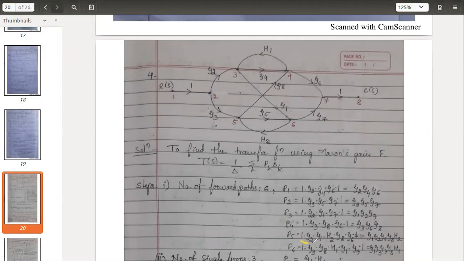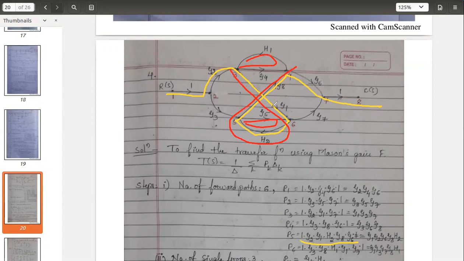For P5, let me first show you this. It is 1, G2, G1, H2, G8, G6, 1. Okay, this is the forward path. If you see the number of single loops, there are 3. This is 1, this is your second, this is your third.